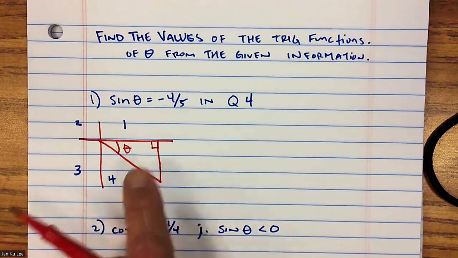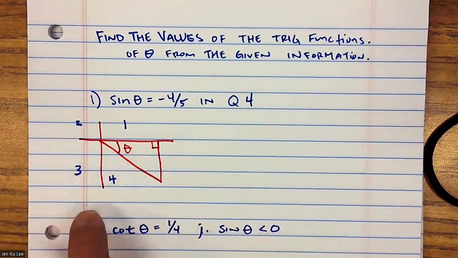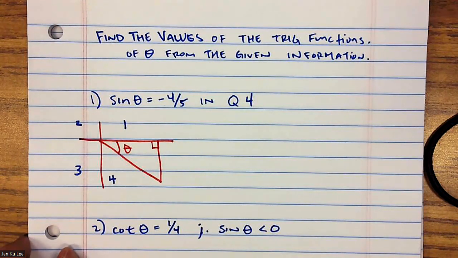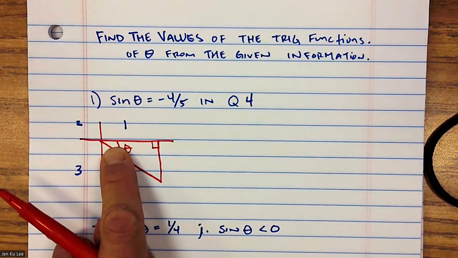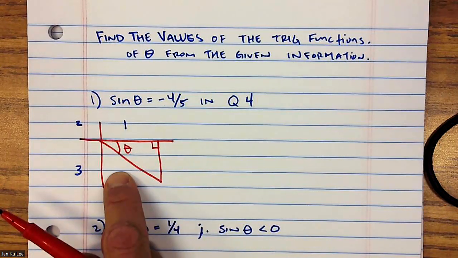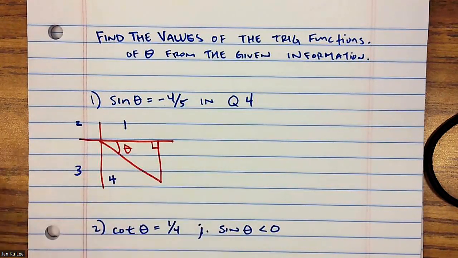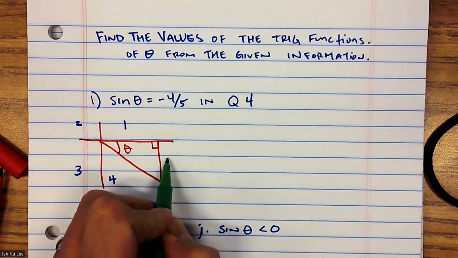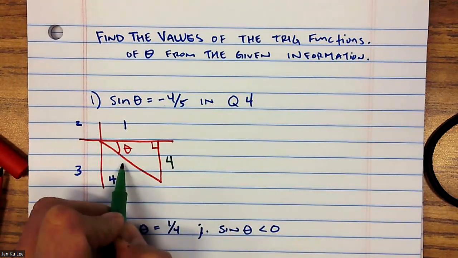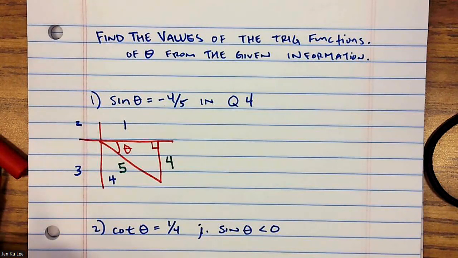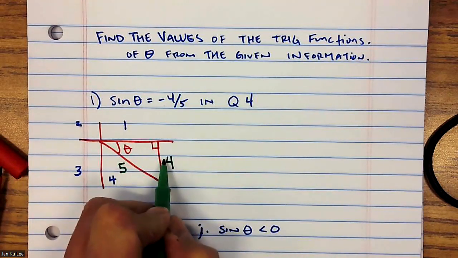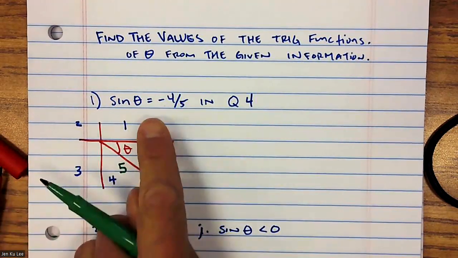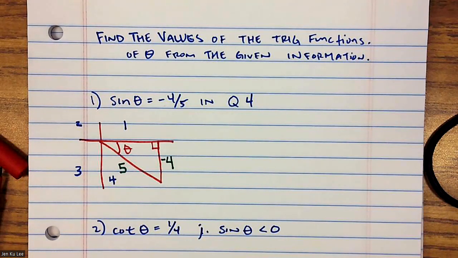Okay. Sine is -4 over 5, right? Well, sine is going to be y over r. So my y value is 4 and my r value is 5. But since I am on my negative y-axis, that's going to be negative. That's why it's -4/5. Cool?